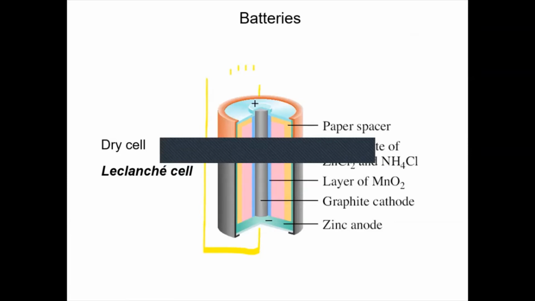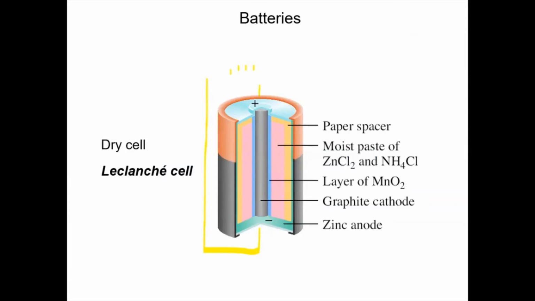Okay, as I was saying, the anode is a zinc. It has a negative on it because that is the source of the electrons. When the circuit is closed, the electrons will flow to the cathode. Notice that the cathode has several parts. First of all, it has a rod of graphite in the middle, and that's the positive pole of the battery.